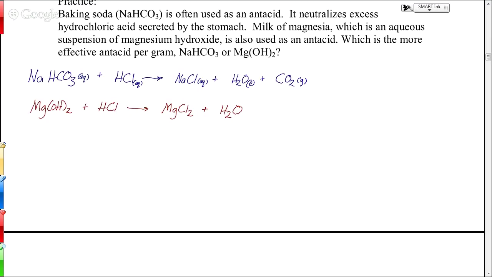So are those equations balanced? That's always got to be your first question when you have to do these types of problems. If you have to write down a chemical equation, make sure that equation is balanced. Are these balanced? No, it's not balanced. The second one is not balanced. So how would we balance it? Go ahead and do that. Let me know what numbers you come up with.